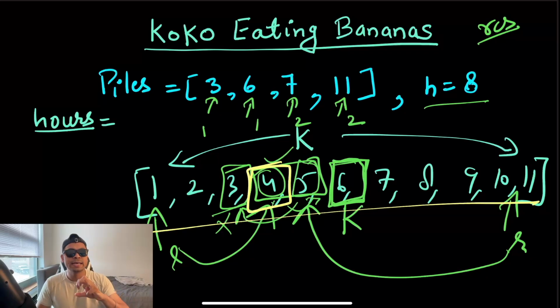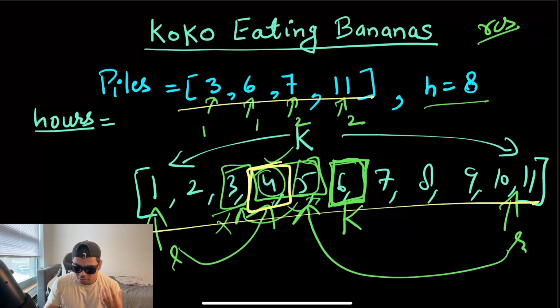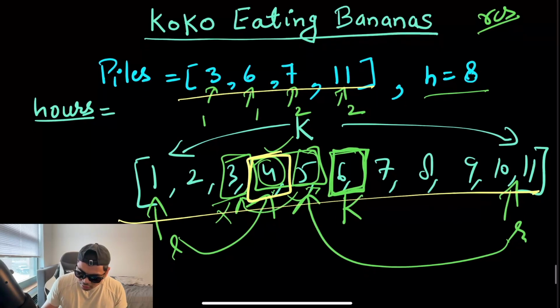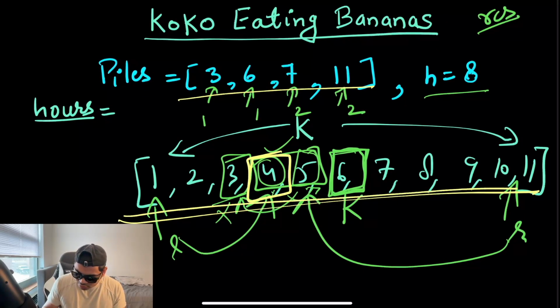If we choose that as our k, it's going to take the number of hours we're going to take if we choose k as eating speed. So these are the values that we're going to have.